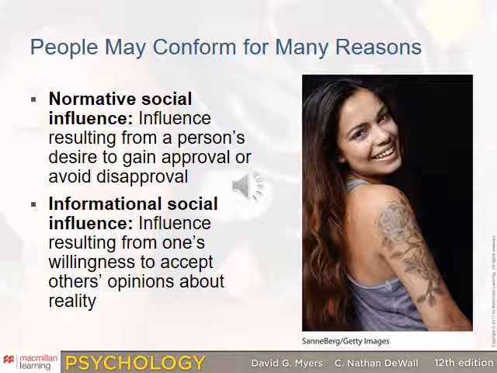In short, you adhere to the norms of a group, so you are accepted and are not subject to social ridicule for being an outsider, avoiding that disapproval, right? Informational social influence is the influence resulting from one's willingness to accept others' opinions about reality. A lot of times that can come from scientists, lawyers, reporters and things like that.